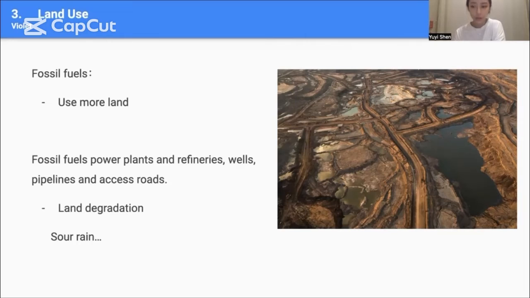Also, it causes damage to the land, like the picture shows, such as land subsidence and destruction of villages. When fuels are burned, sulfur dioxide is produced and released into the atmosphere to form acid rain. When it rains, it causes soil decay, leading to erosion, habitat loss, and depletion.